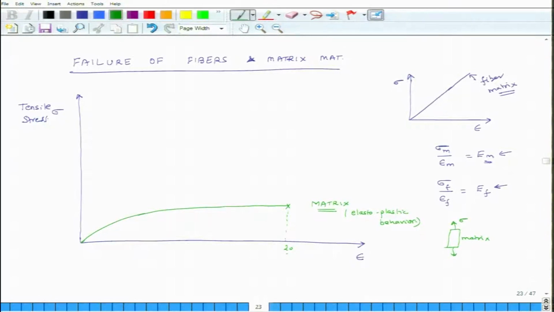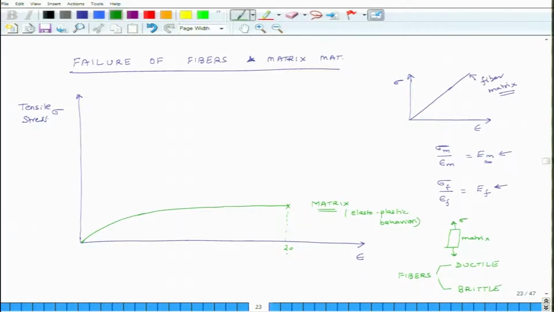The next thing we have to see is how fibers behave. Now, fibers come in two varieties. The first category of fibers are ductile and the other category is brittle. An example of a brittle fiber would be a glass fiber.